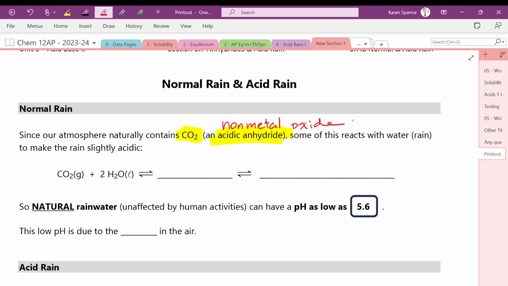Could you please write the product of the reaction of CO2 plus H2O? Yes. I think that's a mistake. Fix.